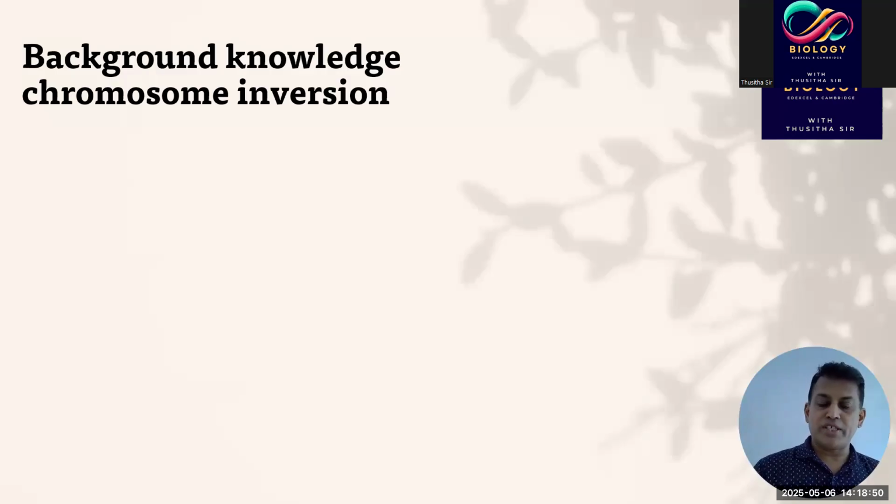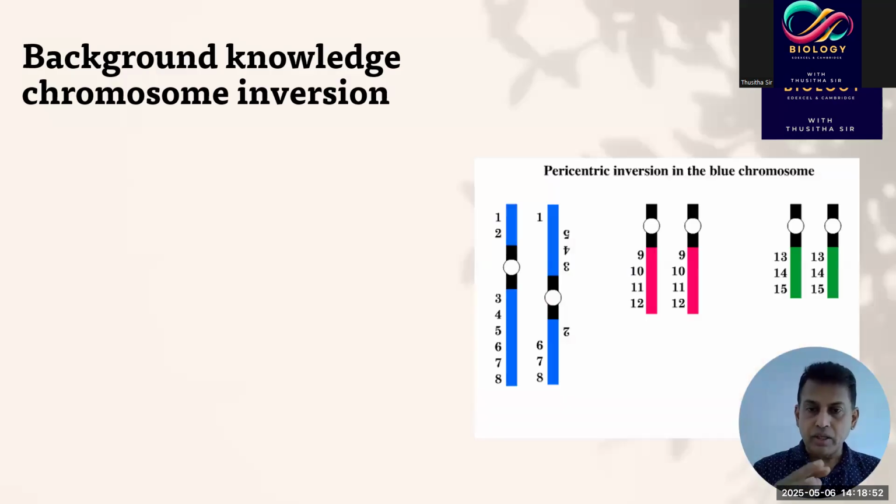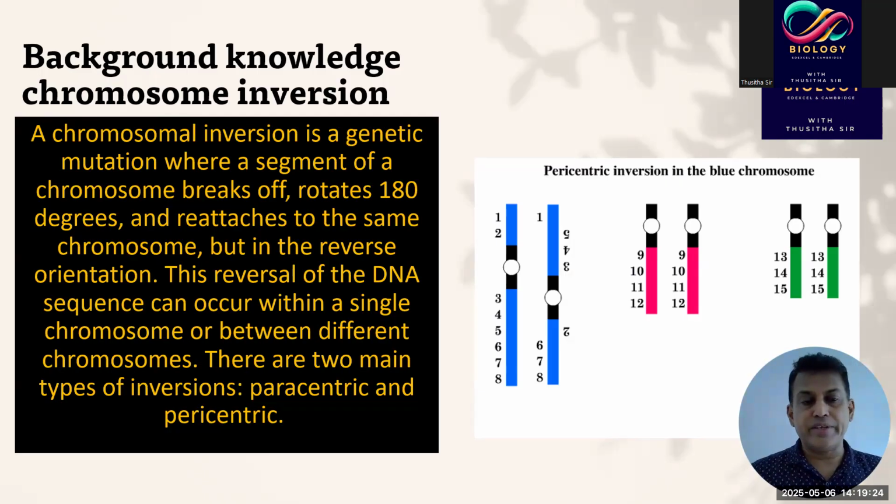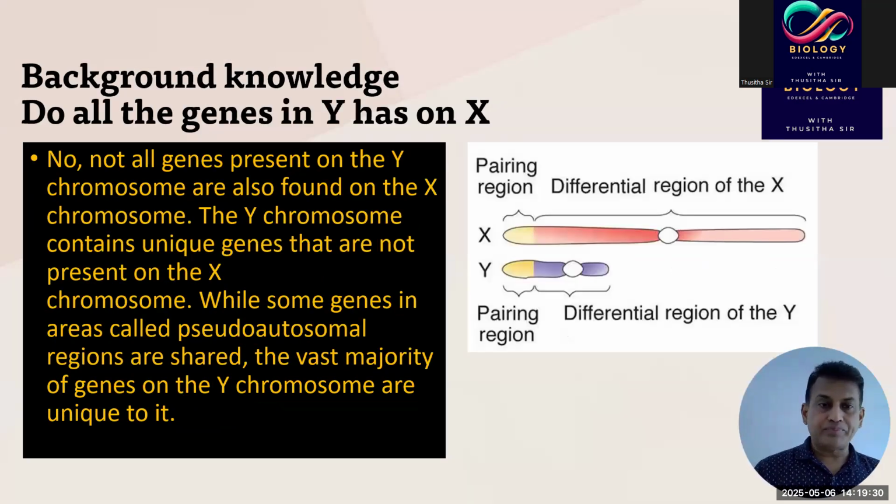Chromosome inversion is the phenomenon where part of the chromosome breaks, turns 180 degrees, that means inverts, and then rejoins with the chromosome. So a part of the chromosome breaks, rotates 180 degrees, and then joins with the chromosome. Here you will read the note on what chromosome inversion is.